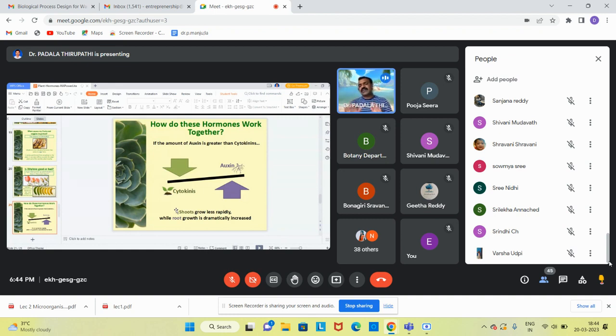Whenever the amount of auxin is greater than cytokinin, then roots are produced. When the amount of cytokinin is greater than auxin, then automatically shoots are produced.